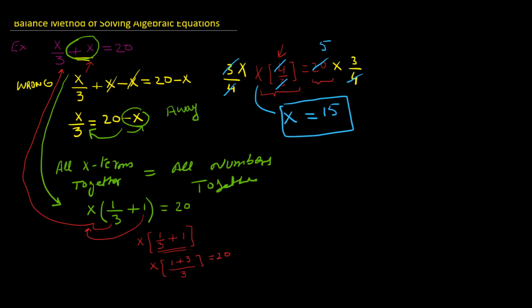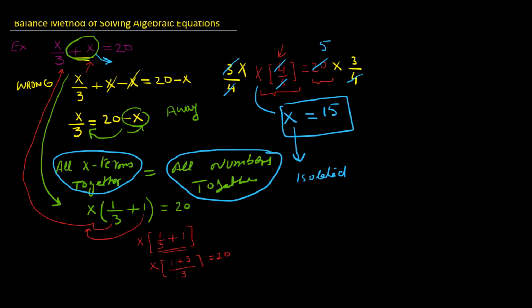So in this example, what you learned is that if there are two terms and both have x, then you don't get rid of the second term, because you want all x terms on the left hand side and all numbers on the right hand side. And then in the last step, you want to isolate x.